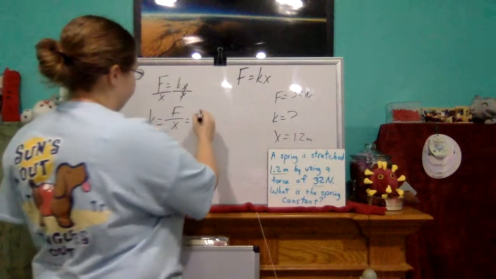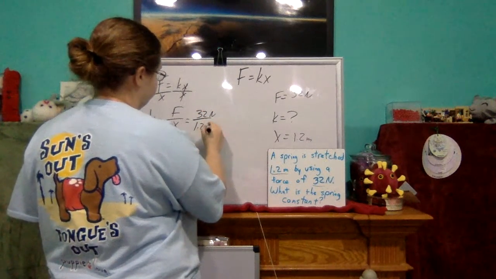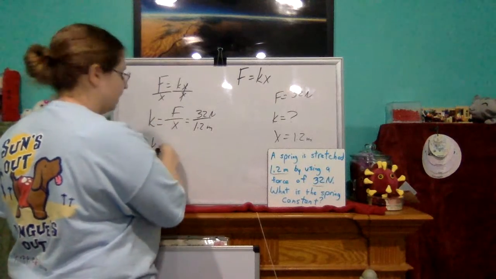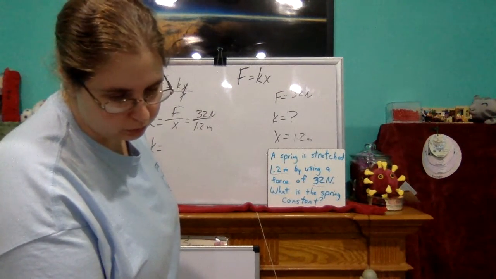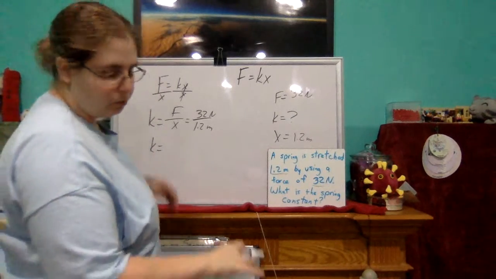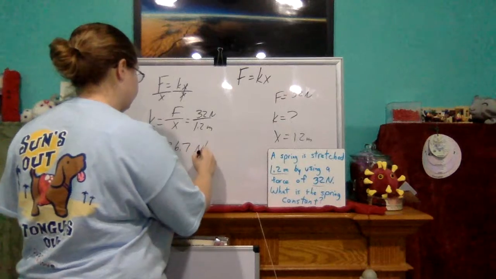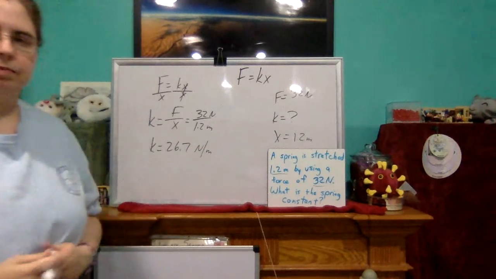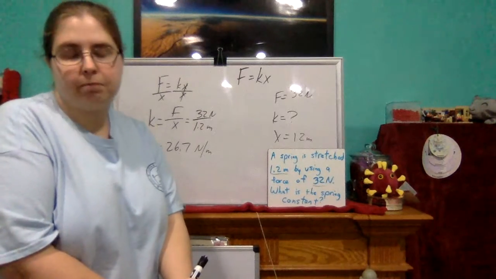So we have 32 newtons divided by 1.2 meters, and we end up with a spring constant of 26.7 newtons per meter. That is the spring constant for this particular spring.